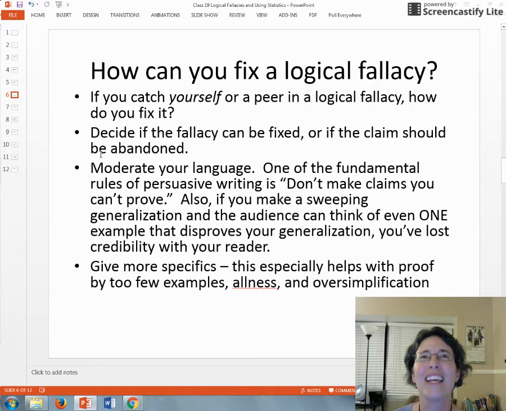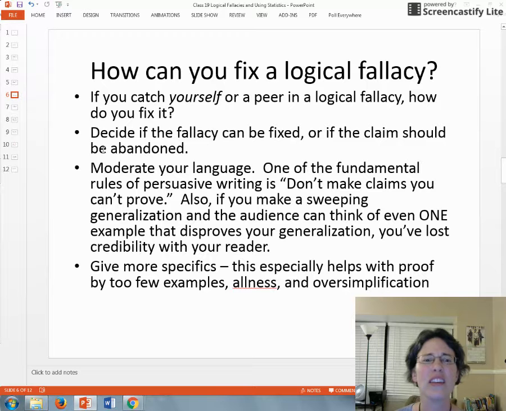Or there is a connection, and you can lay out what the connection is between the violent music and the violent acts. But as soon as you make that sweeping generalization, all people who listen to violent music are going to go on to commit violent acts, one person in the audience might think, I listen to violent music and I never committed a violent act. Or my friend listened to violent music and they never committed a violent act. You've lost credibility. Your ethos has been damaged.